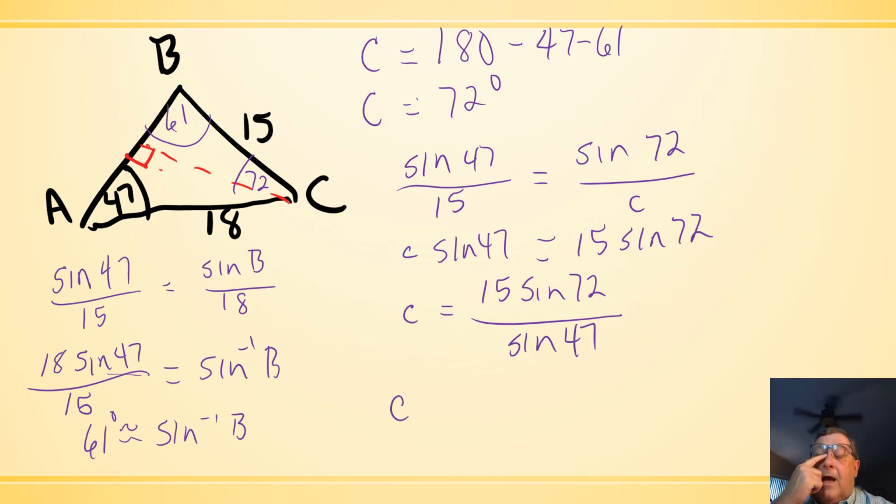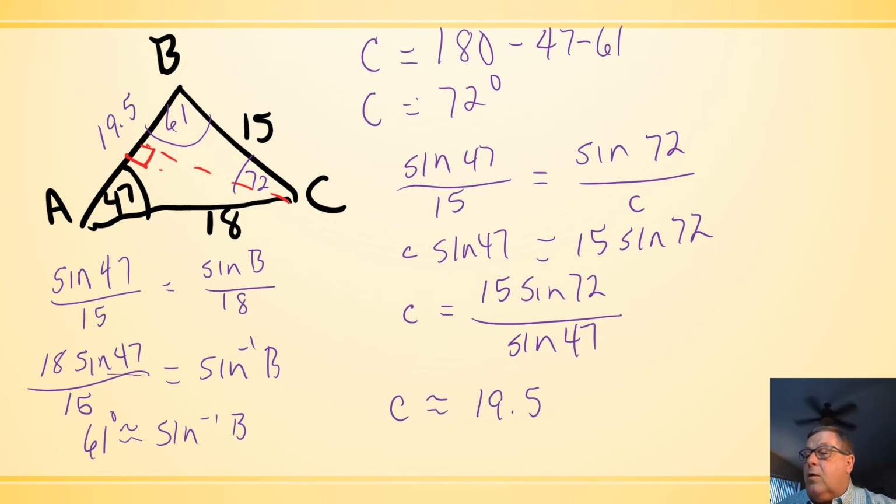Calculating that, rounded to the nearest tenth, we get 19.5. So side c is 19.5.